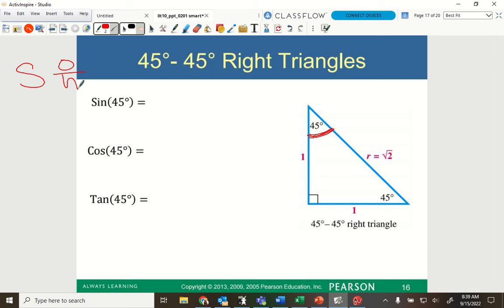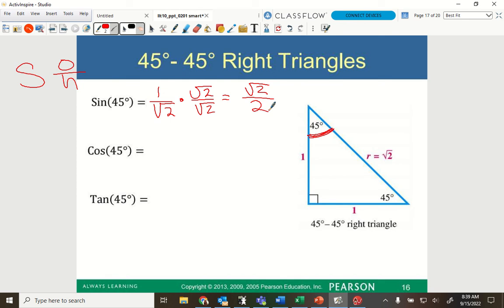So the opposite is going to be rad 2, rationalize. So it's just going to be rad 2 over 2. When we get into the unit circle, we're going to do a lot more of this. So sine 45 is always that value.